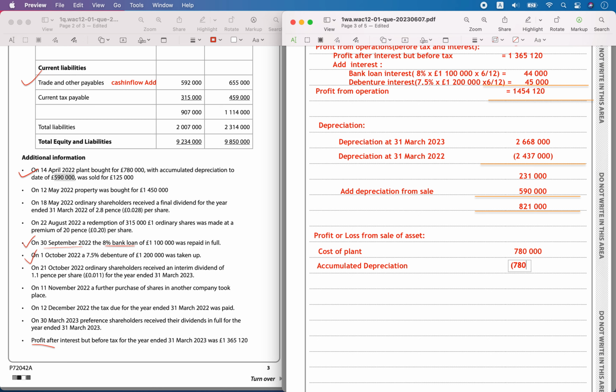So I am going to subtract that 590,000 so I will get the net book value.